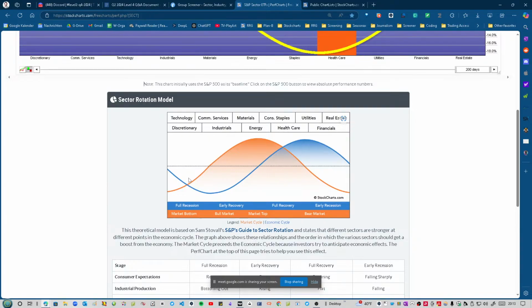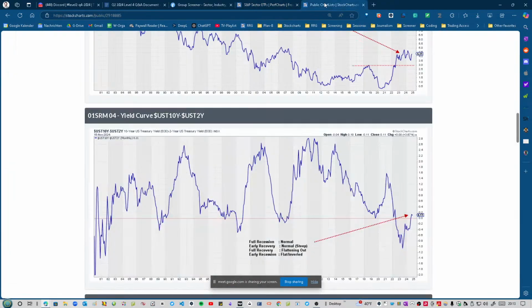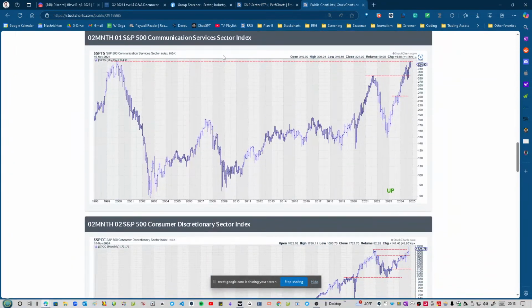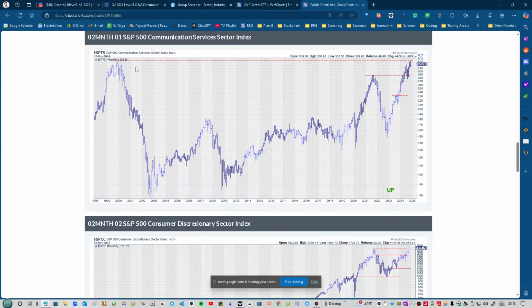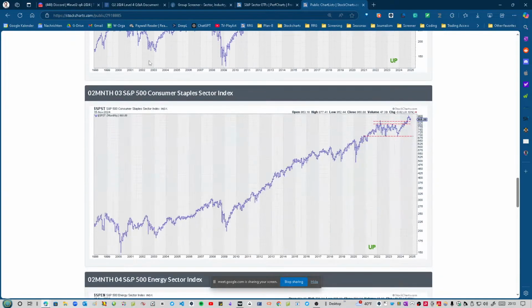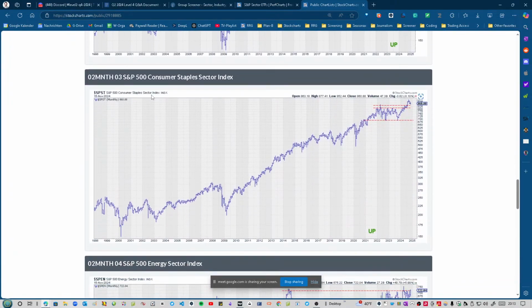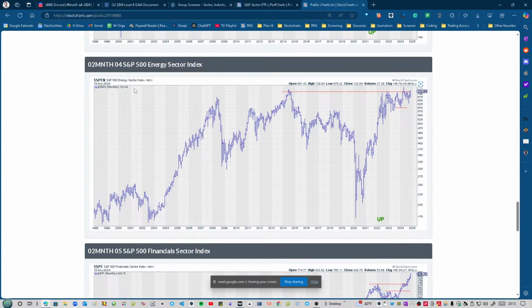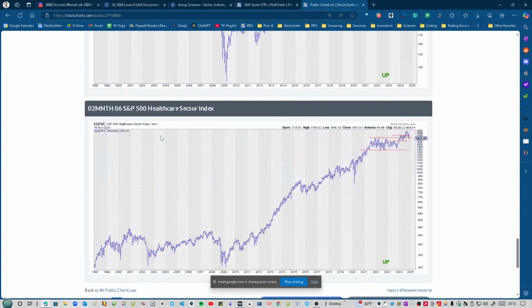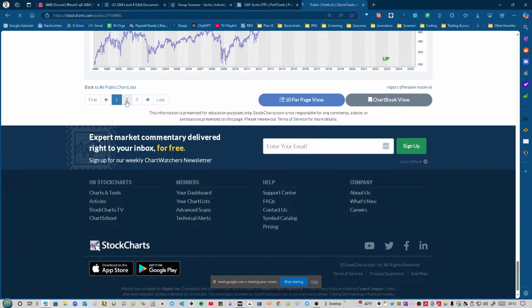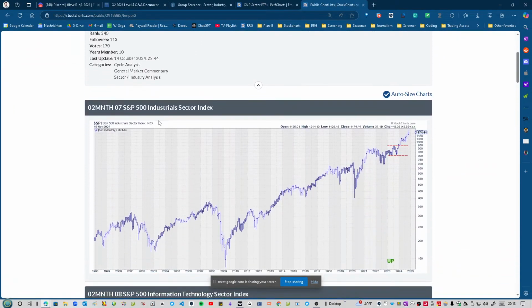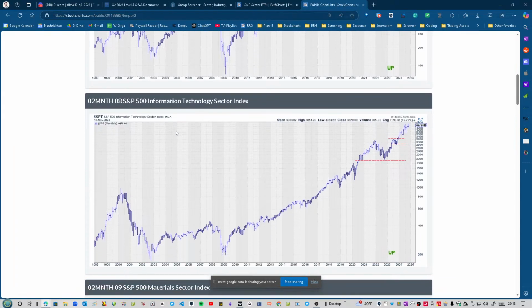This is also what you see, for example, in the discretionary, industrial or technology sectors a few months ago, on the chart list where you have to look at long-term, monthly charts. You see communication services, technology, staples, energy, financials, healthcare, industrials, technology.